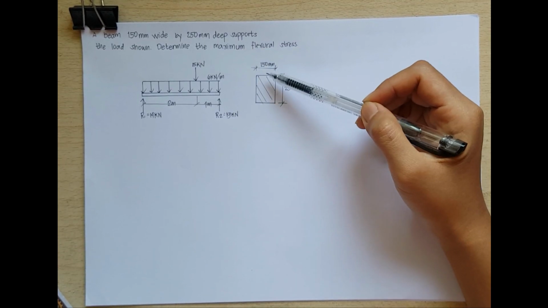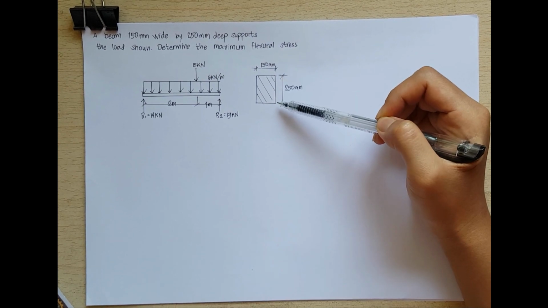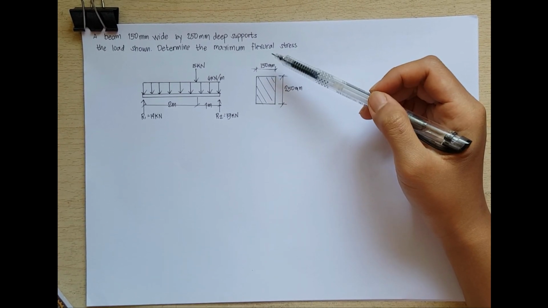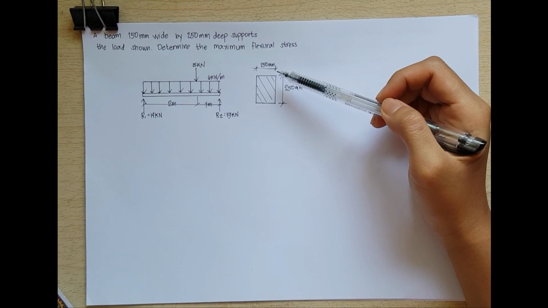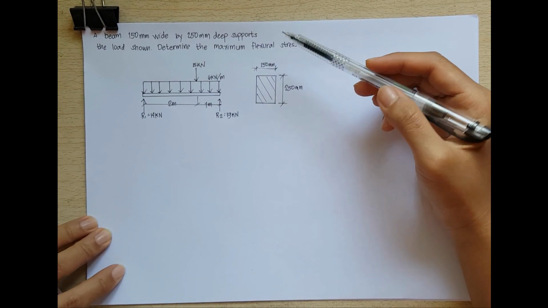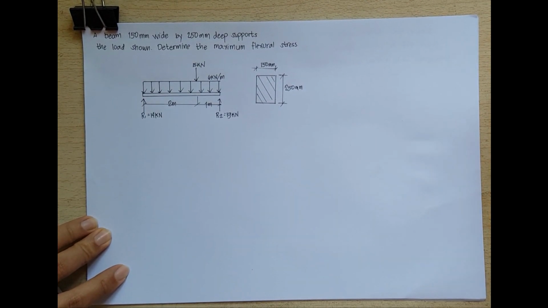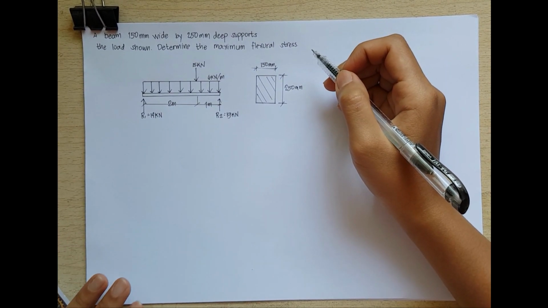So this is the cross section of our beam, 150 millimeters wide and 250 millimeters deep. So we will determine the maximum flexural stress. So the first step is to determine the maximum moment of this beam. So we will draw the shear diagram para ma-determine natin yung maximum moment.